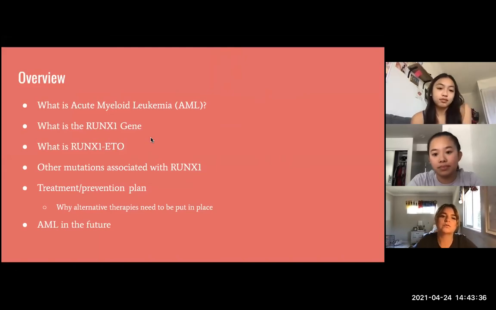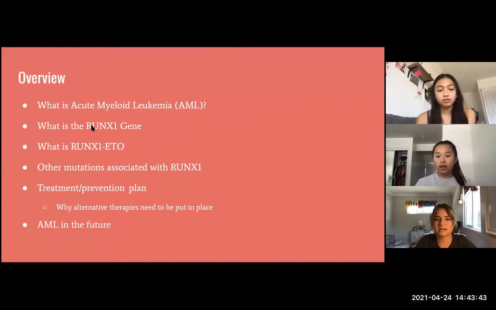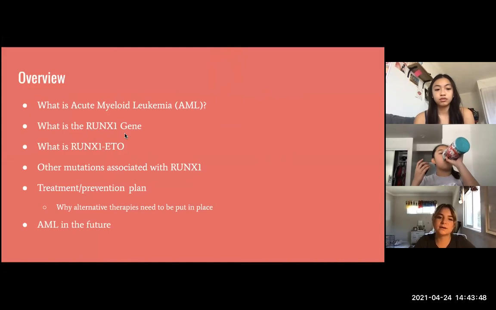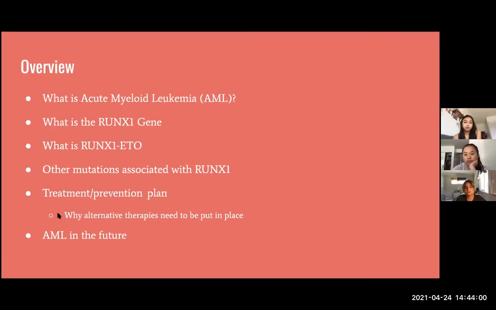A little overview of what we'll be going over today is what acute myeloid leukemia is, how the RUNX1 gene and RUNX family are significant to the prognosis of AML, explain what RUNX1-ETO is, some mutations associated with RUNX1 and how they relate to AML, different forms of treatment and pain prevention, and why certain therapies are used for different subtypes of AML, and what AML looks like in the future for us.